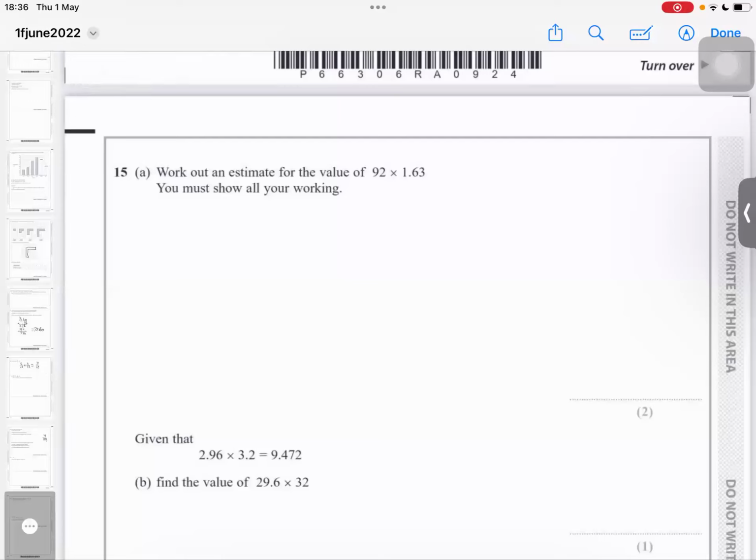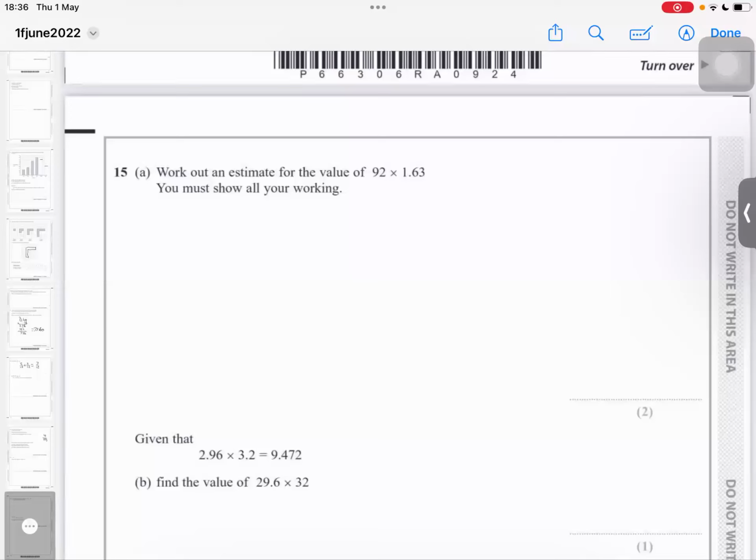Okay. This one is talking about estimates. It says work out an estimate for the value of 92 times 1.63. You must show all your working. So if we're working out an estimate, I think we should take that 1.63 to the nearest whole number, right?